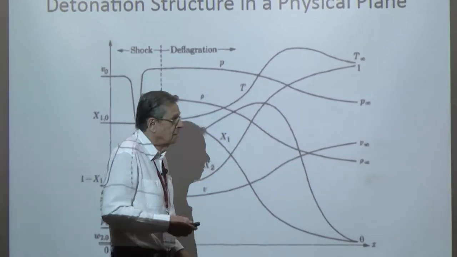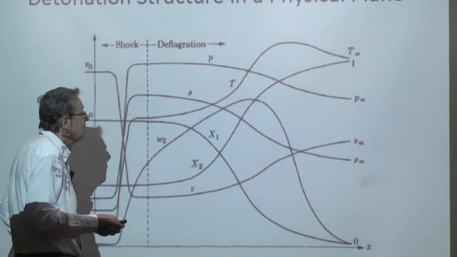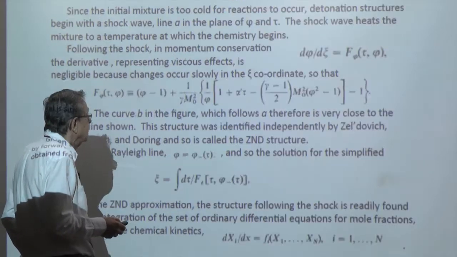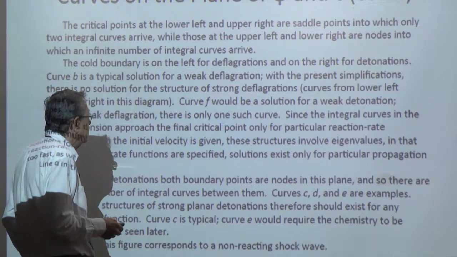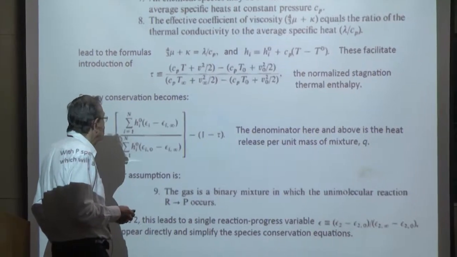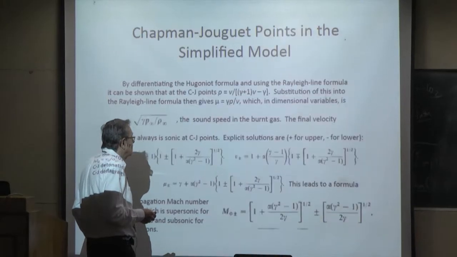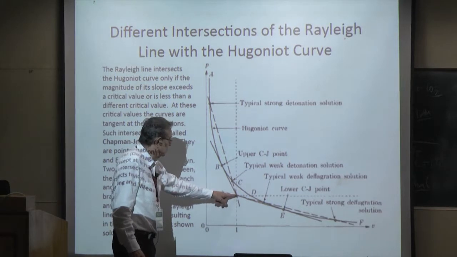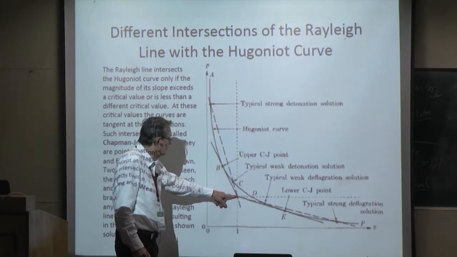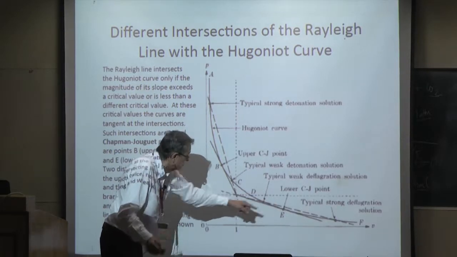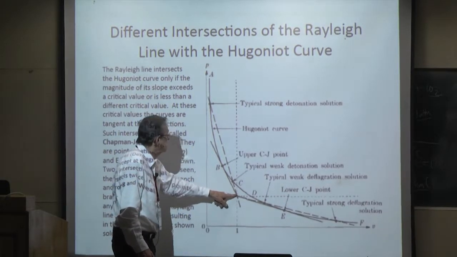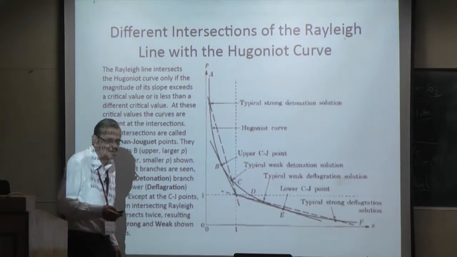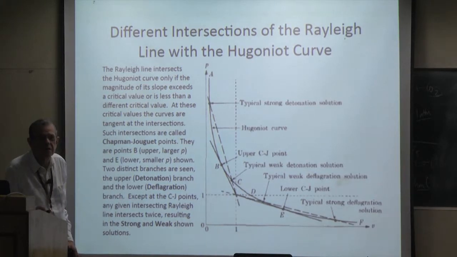The jump condition, if you want to go all the way back to the Rankine-Hugoniot condition, the jump condition, this is 1 over. This, if you like, is V, because this would be V0, and this value would be V infinity, just from the jump conditions across the shock.